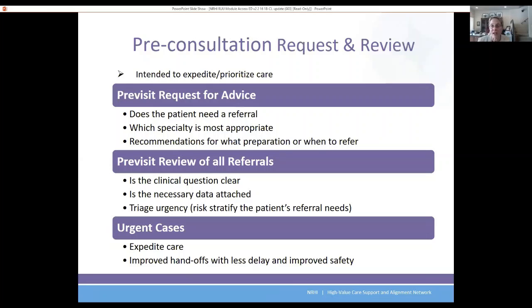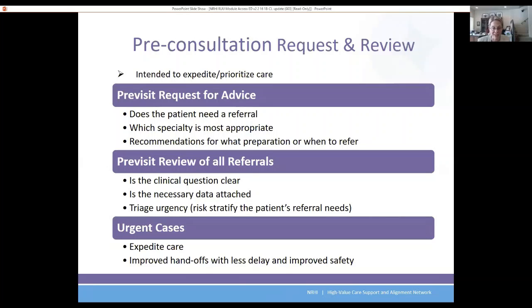Now, even if those kinds of questions aren't asked ahead of time, every referral that comes in should have a pre-consultation review by the specialty team. Are they the right specialist? Is it even a necessary referral? Is the clinical question clear? Do they know why the patient is being referred? Is the necessary data there?